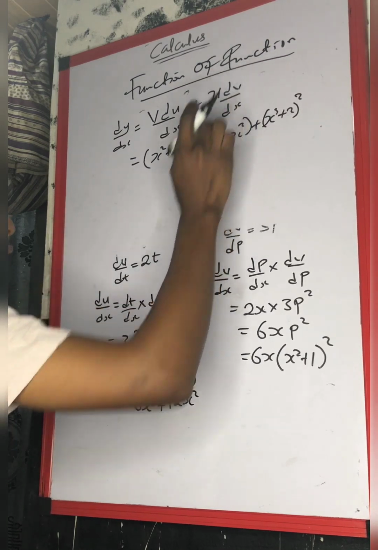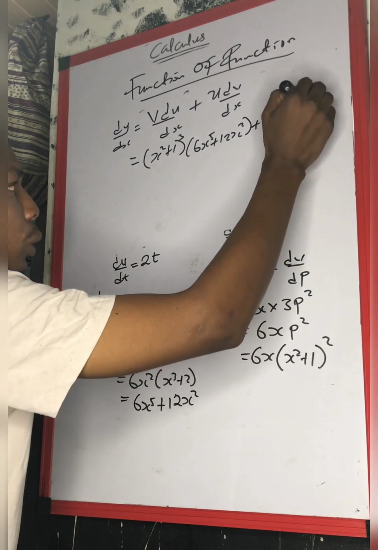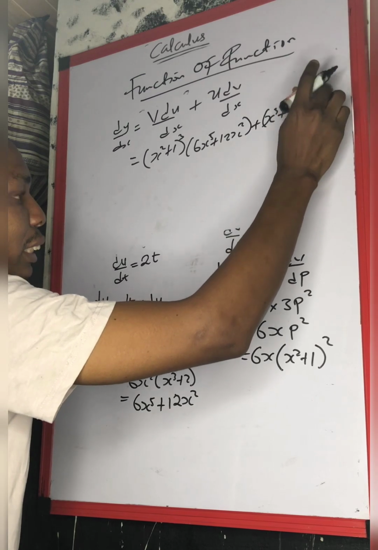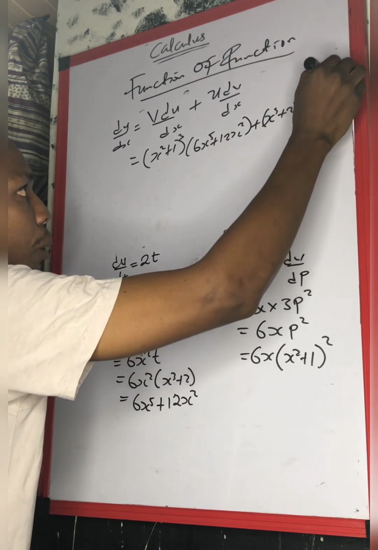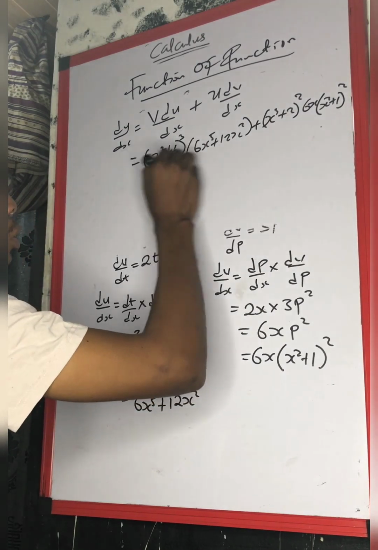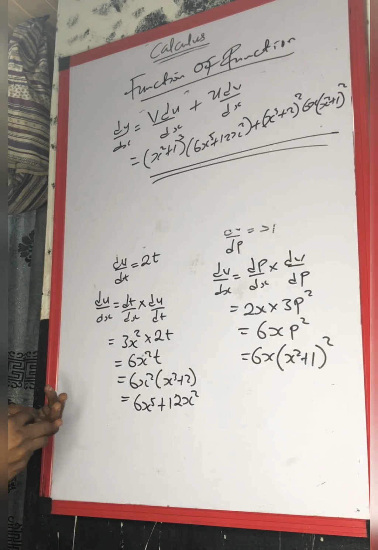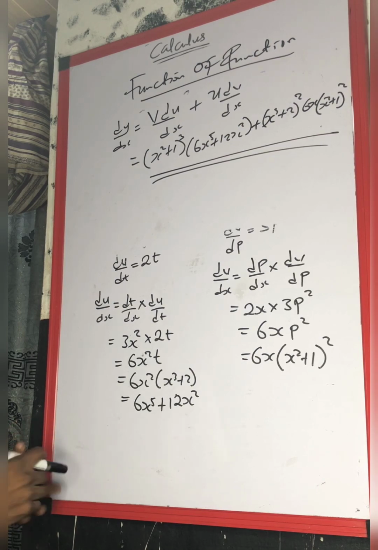Then our dv/ds is everything here, which is 6s bracket s squared plus 1 raised to the power of 2. So you can leave it like this. So this is your answer. Okay, so that's it. So let's move down to the next one.